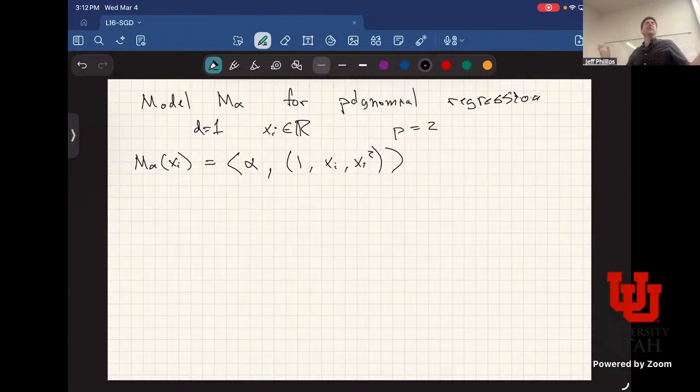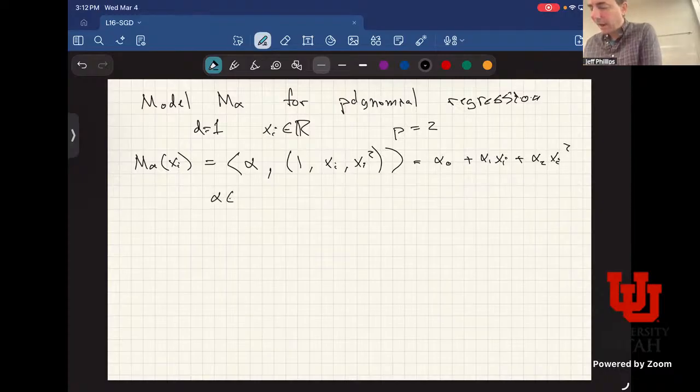Now it looks like the linear regression model, and I already have the 1 in front, so I don't have to worry about the offset. So this looks like alpha 0 (there's a hidden 1) plus alpha 1 xi plus alpha 2 xi squared. Remember our alpha is now in R3: alpha equals (alpha 0, alpha 1, alpha 2).